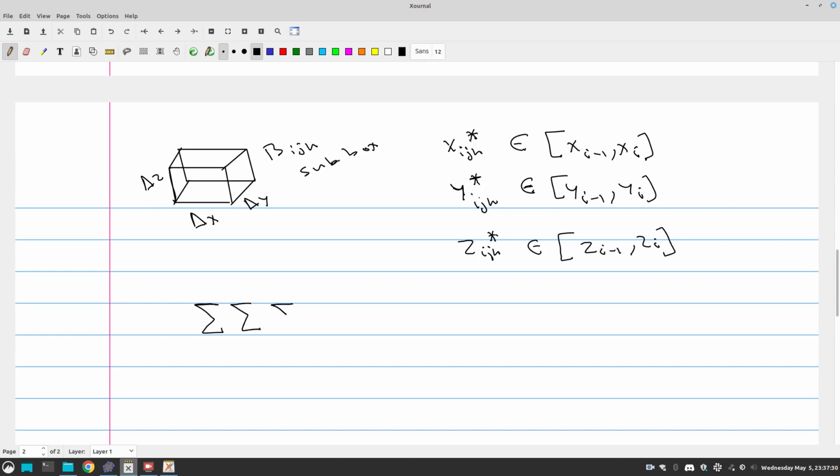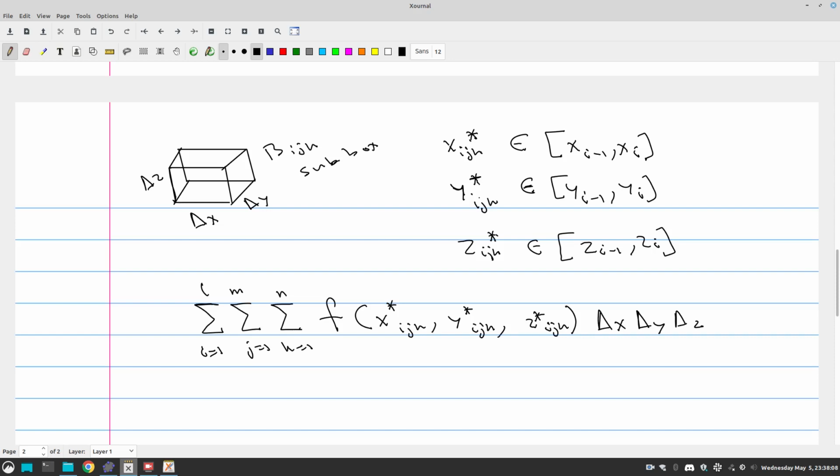Now we're going to do a triple Riemann sum. i goes from 1 to L, j goes from 1 to M, and k goes from 1 to N, of F evaluated at the representative point xijk star, yijk star, zijk star, times delta x delta y delta z.